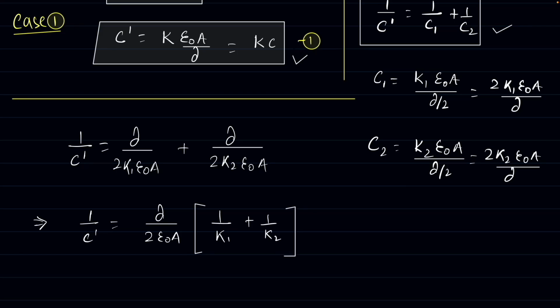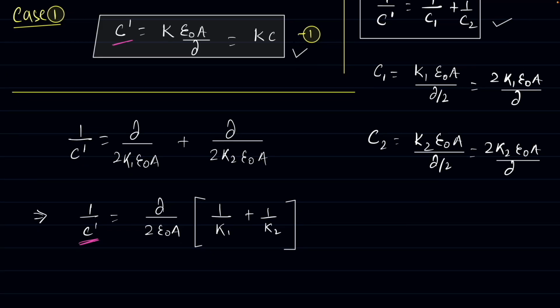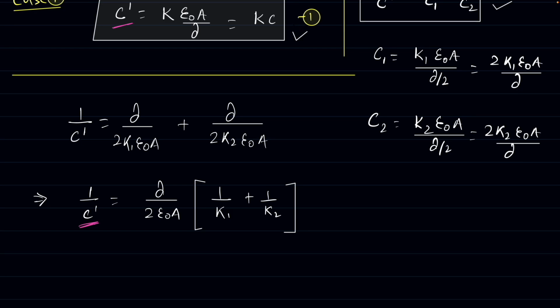Now in the question, it is given that both have the same capacitance. So based on that, this C dash and this C dash are equal. The total capacitance is equal. So we can substitute the value of the first one and write d upon K epsilon naught A is equal to d upon 2 epsilon naught A into 1 by K1 plus 1 by K2.